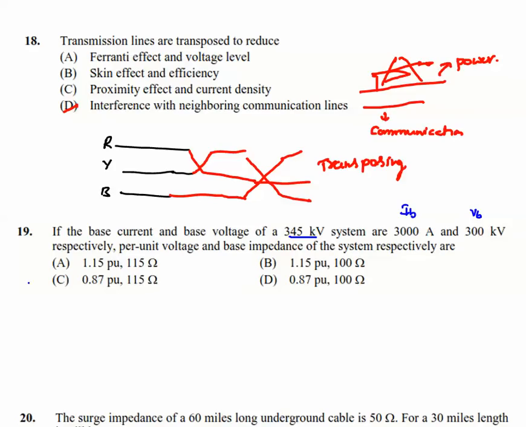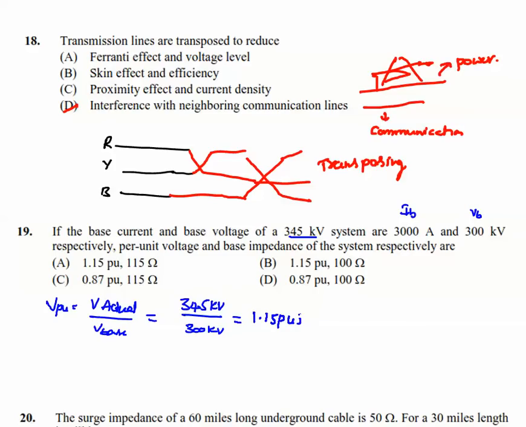So normally, V per unit is equal to V actual, the actual rating, divided by V base. Okay, so actual rating is 345 kV divided by how much voltage? It is nothing but 300 kV. So by solving this, you will get 1.15 per unit.